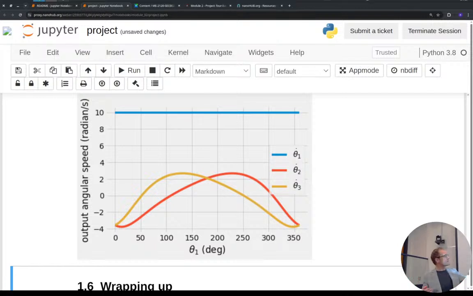And here it makes sense: theta 1 is always going in one direction, like a crank moving counterclockwise. But meanwhile, theta 2 and theta 3 are positive, then negative, then positive. So they move one way, stop, move the other way, stop.